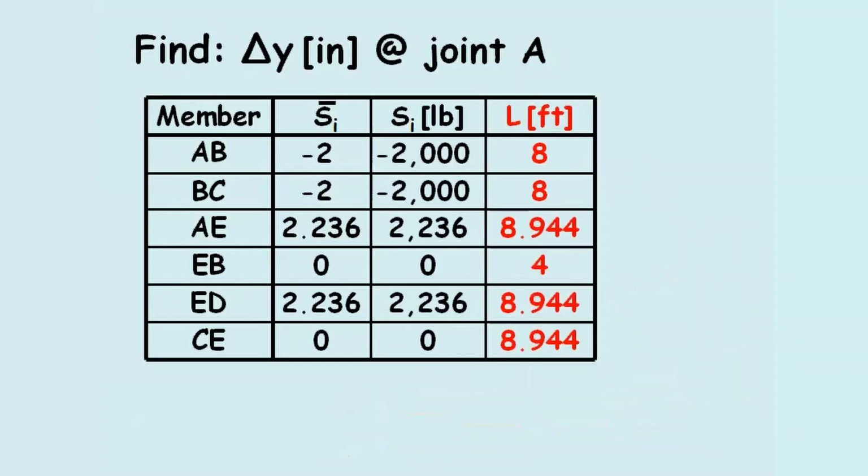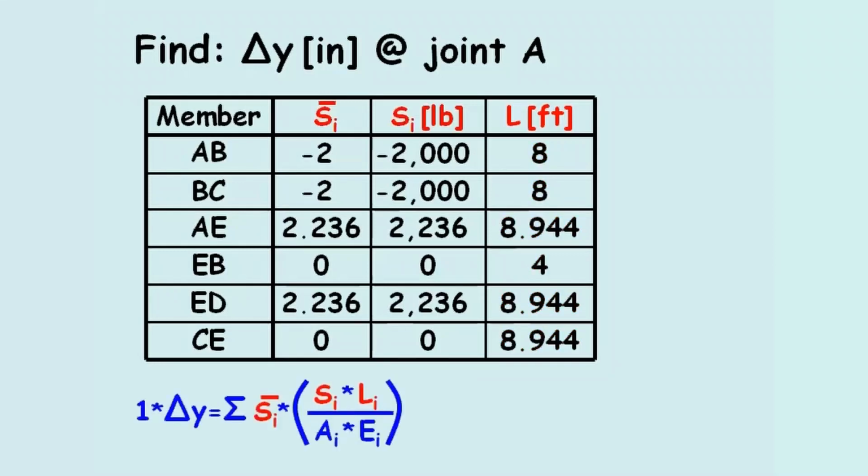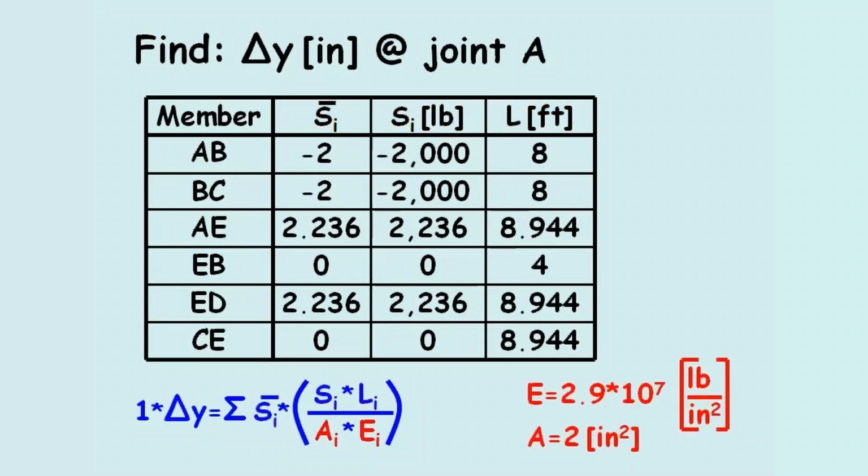From our equation for virtual work, we have the virtual force S bar I, the actual force SI, and the length L. The problem statement also provided us with the cross-sectional area A and Young's modulus E. Since A and E are constant for all 6 members, these terms can be pulled out of the summation.